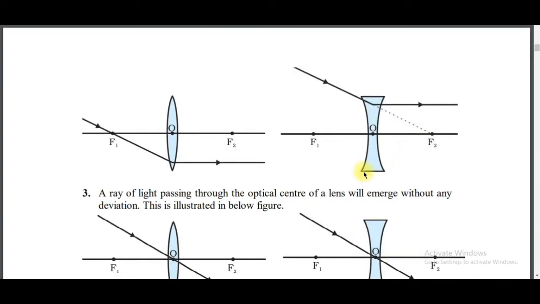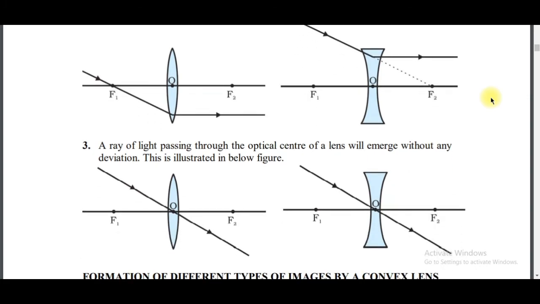The next case: if it is passing through the focus, then it will be refracted parallel to the principal axis in the convex case, and in the concave case, if it is appearing to diverge, if it is coming towards the focus, then it is refracted parallel to the principal axis. Next we have already seen that if it is passing through the optical center, then there will be no deviation and the emergent ray will be just in the line of the incident ray.